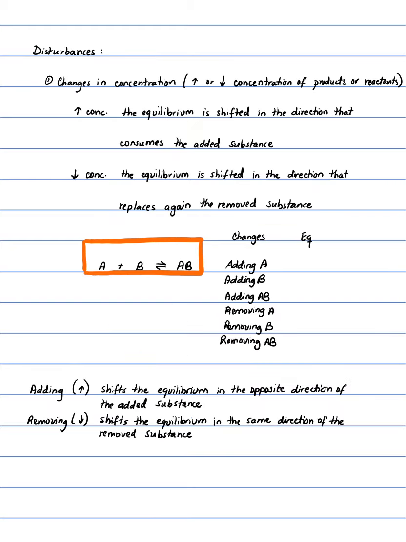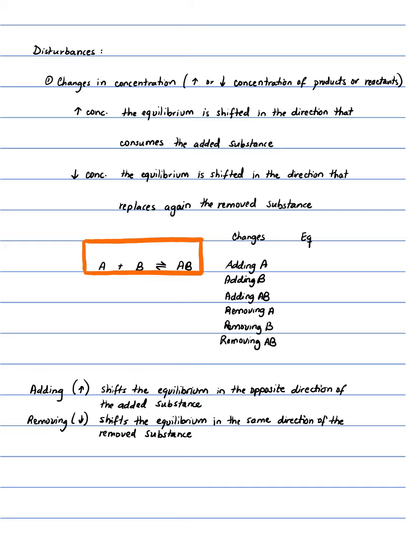So we're going to be looking at three different types of changes. The first one is the easiest, which is just changes in concentration: adding more reactant, adding more product, removing the product. You can think about Le Chatelier's principle as a prediction of how to get more product out of a reaction.